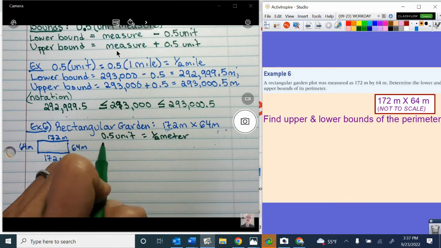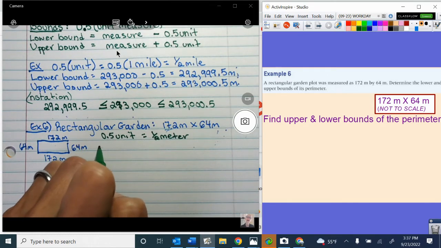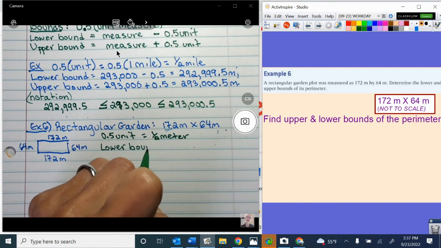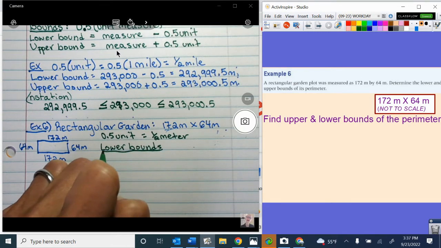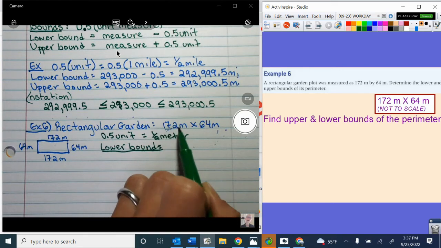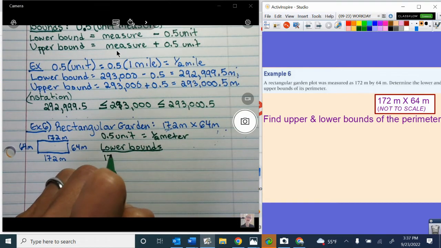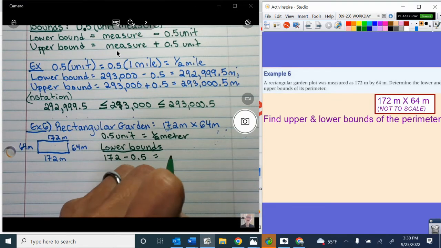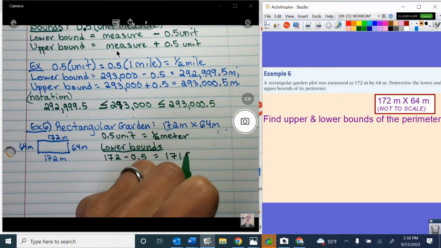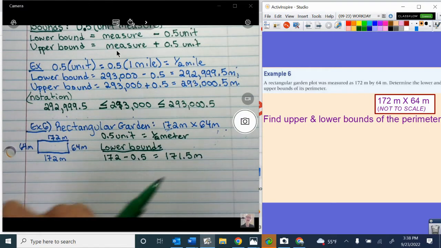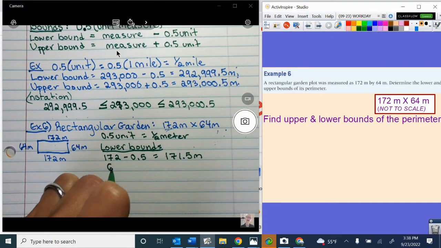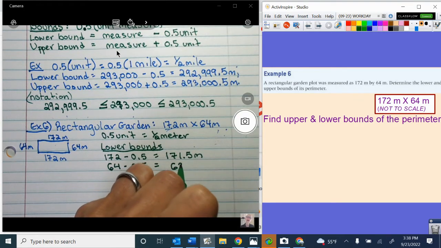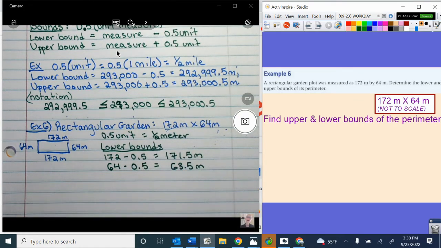So for the lower bounds, let's start with 172. Well, we would just have 172 subtract 1/2 a meter. And so 171.5 meters. And then using 64, subtracting 1/2, we'd end up with 63.5 meters.